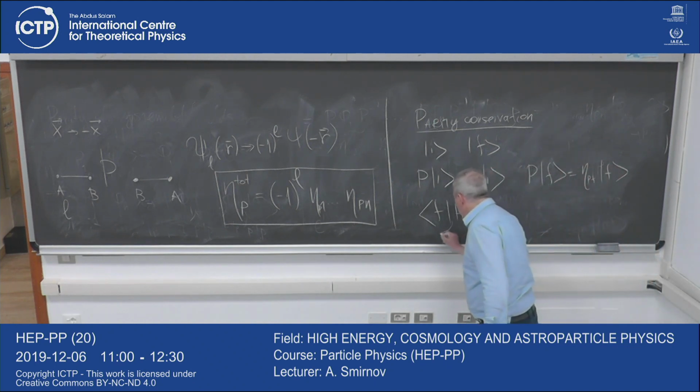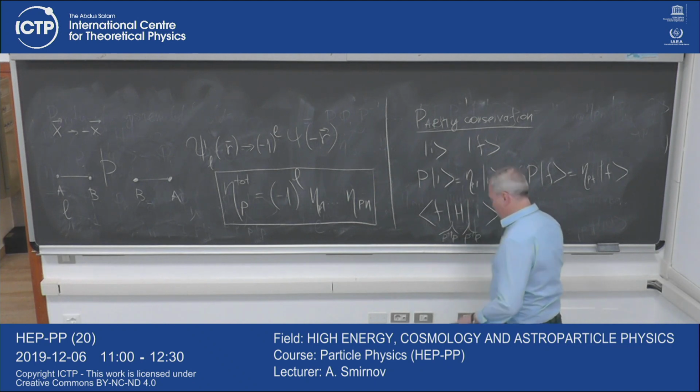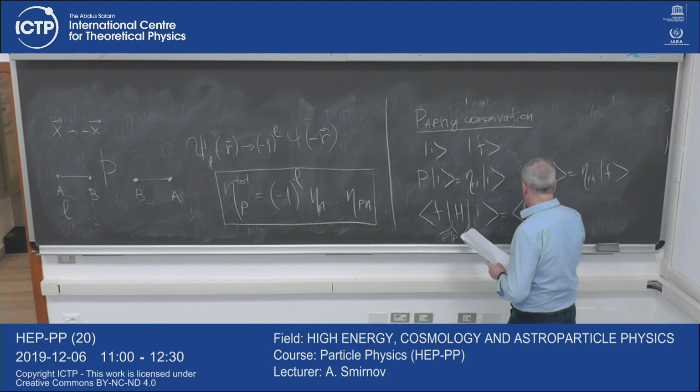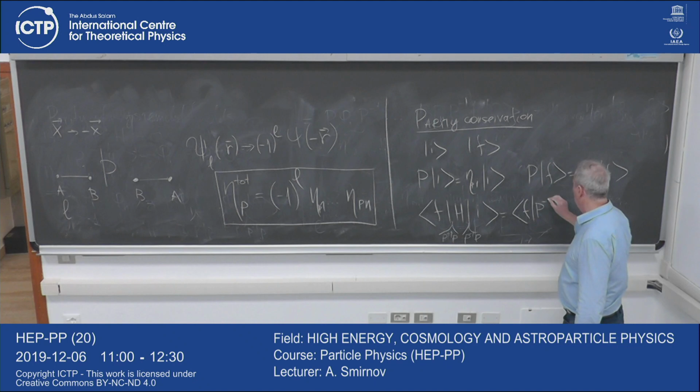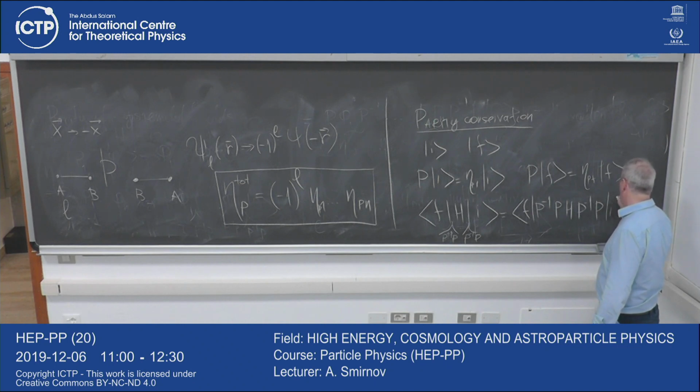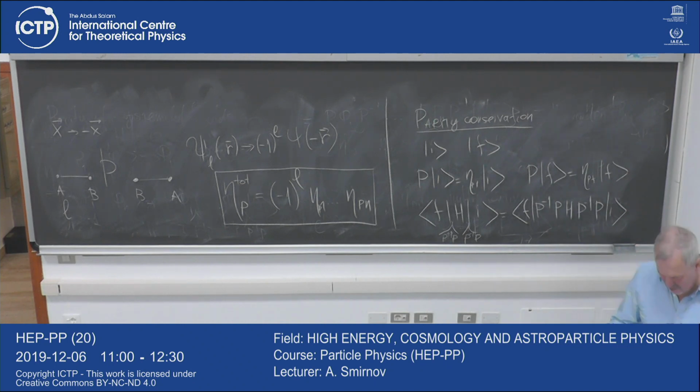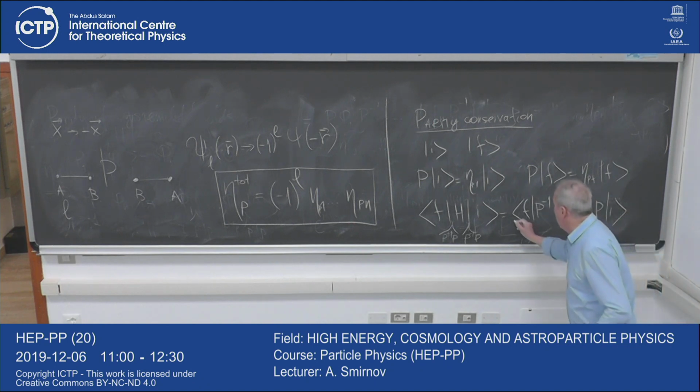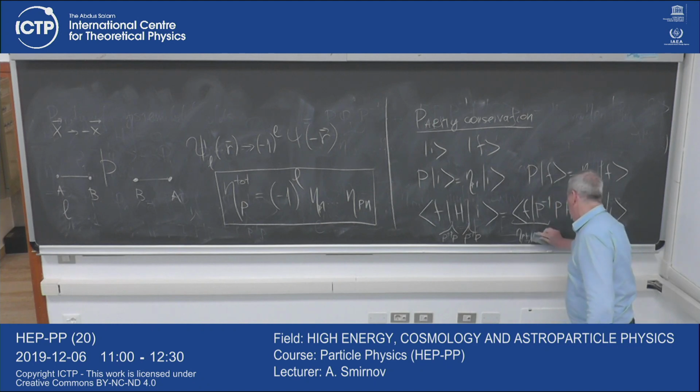Then again we can insert here 1, which is P minus 1 P, and here is 1 again, P minus 1 P, which produce for me the following: final state, P minus 1 P H, P minus 1 P I. And now this one is just giving me eta parity final, and final state.